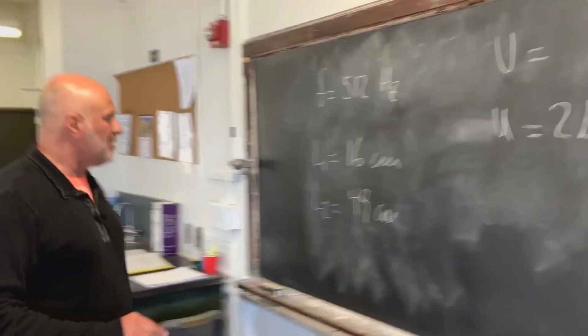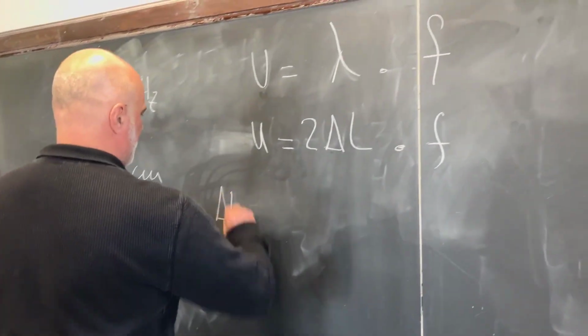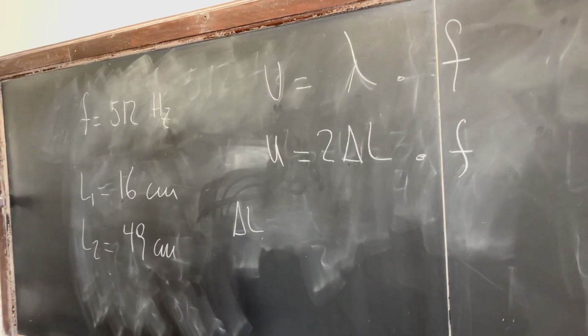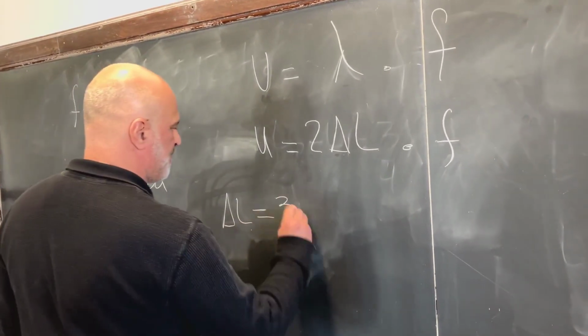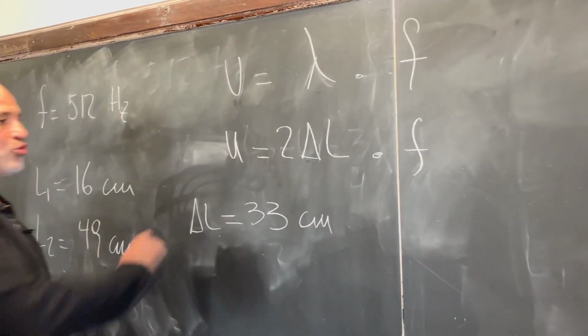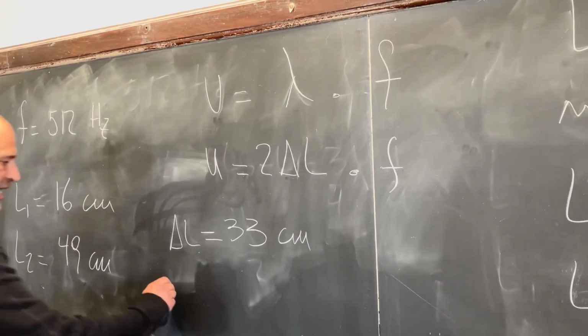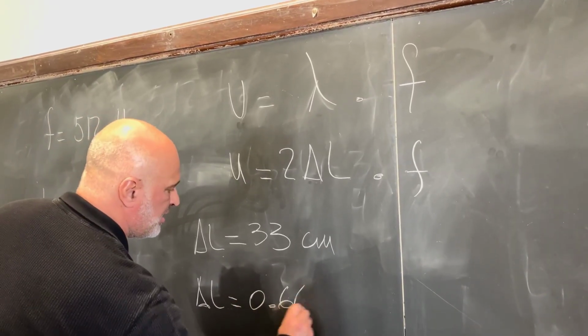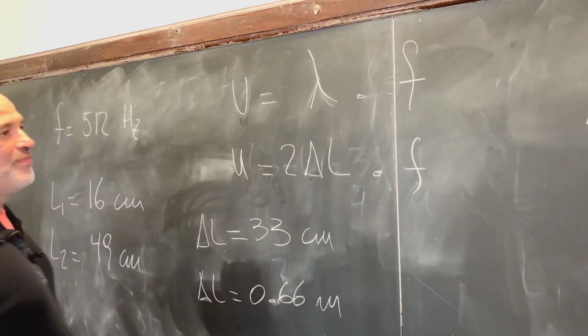our delta L is 49 minus 16, which is 33 centimeters. And so 2 times delta L is equal to 0.66 meters.